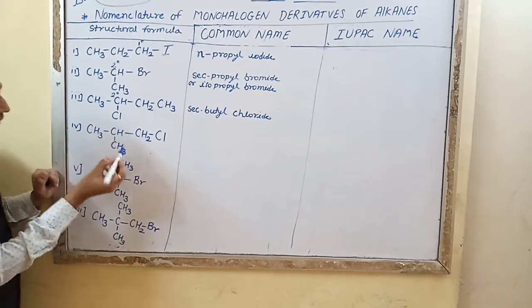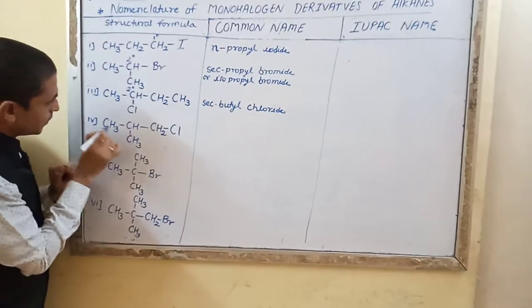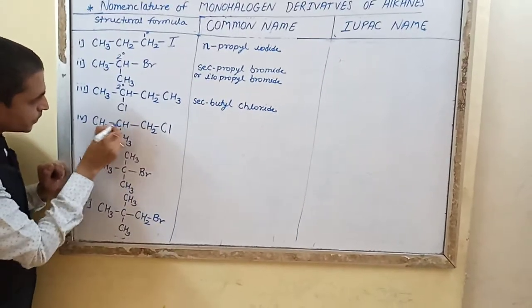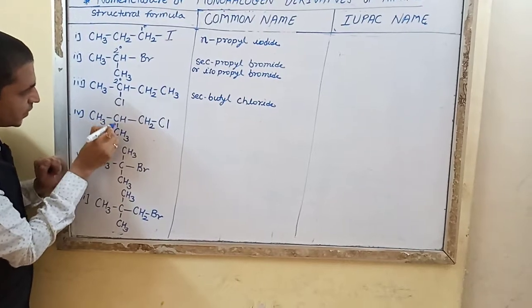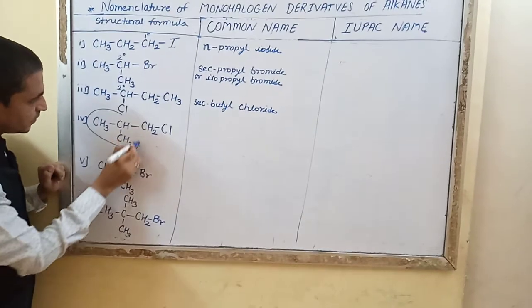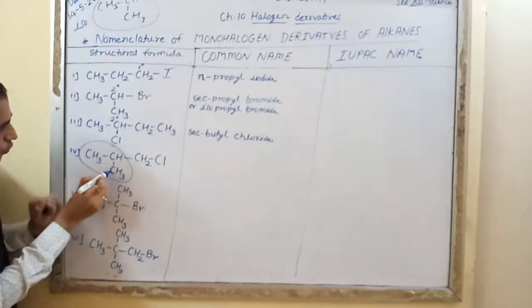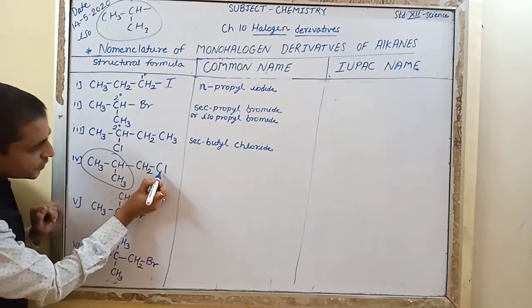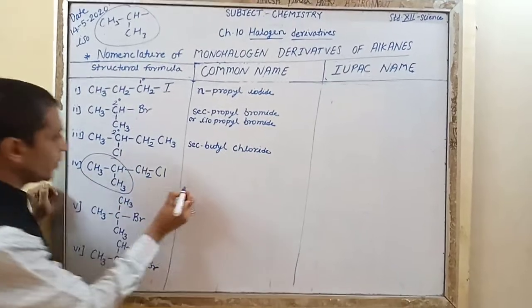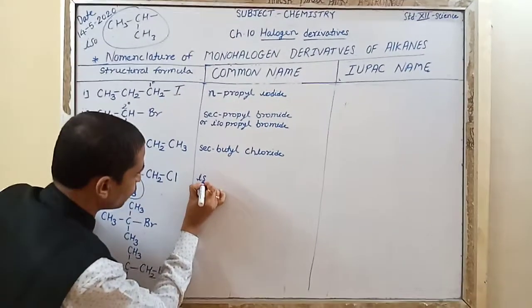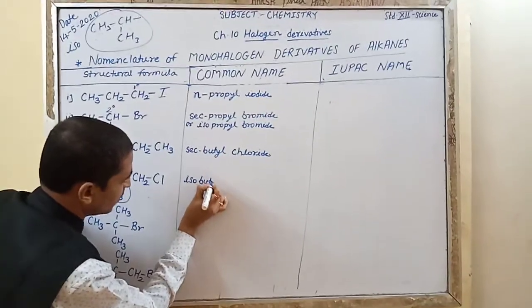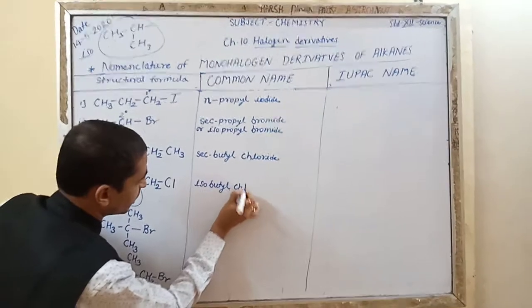Fourth, see again here. This position CH3, CH, CH3. This position is iso. CH3, CH, CH3. And count the total number of carbon atoms: 1, 2, 3, 4. And here halogen is chlorine. So here you get again iso, isobutyl chloride.